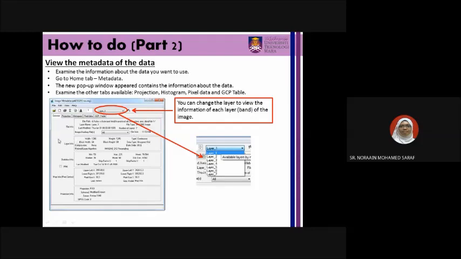At the layer info, it shows the width and height. Width is the total number of pixel columns and height is the total number of pixel rows. At statistic info here shows the maximum and minimum pixel values of the layer.